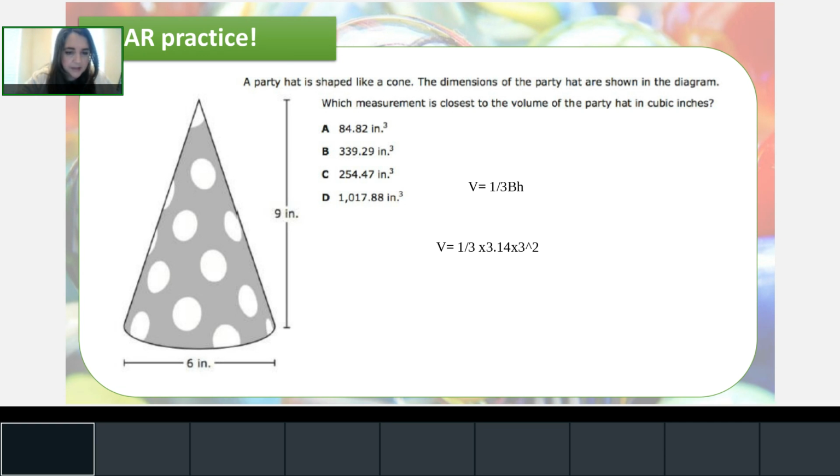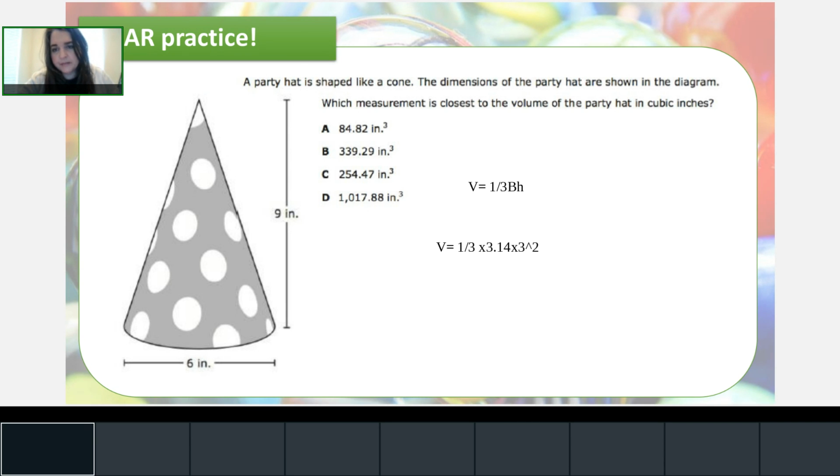And we multiply that by 1/3. And multiplying by 1/3 is the same as doing what? It's the same as dividing by 3. So just to make my life easier on my calculator, I'm going to divide by 3. And I am going to get 9.4.